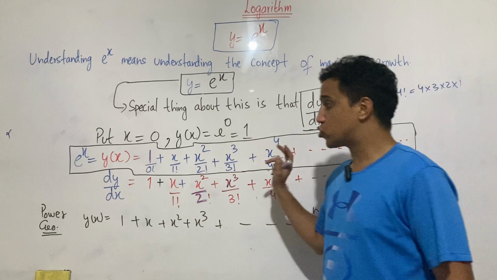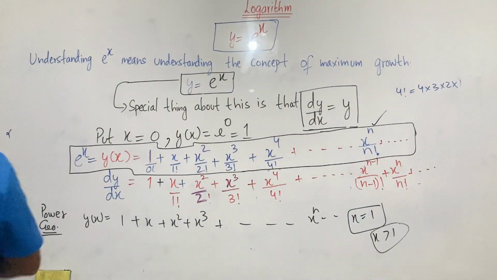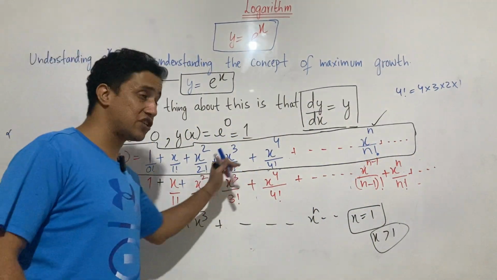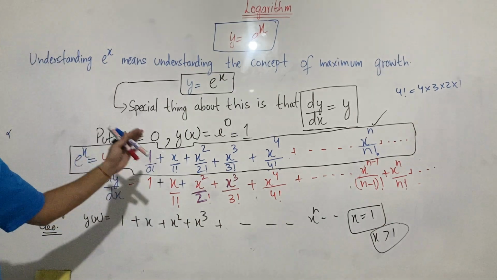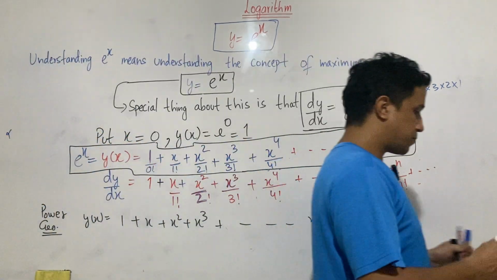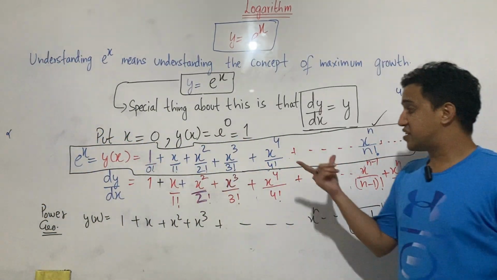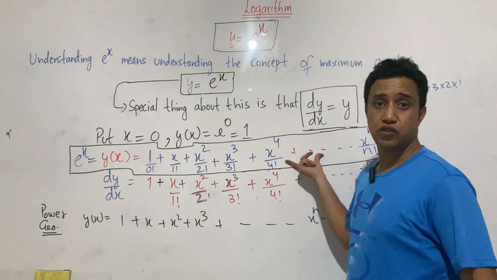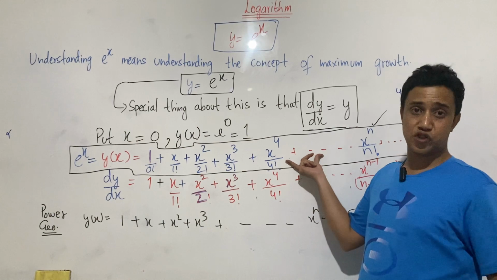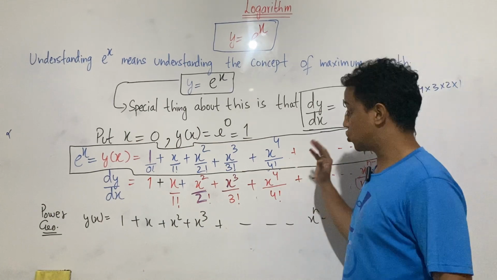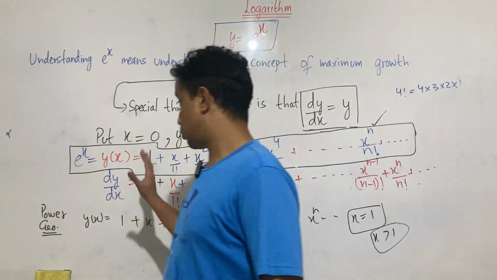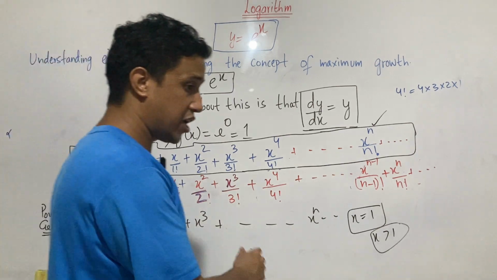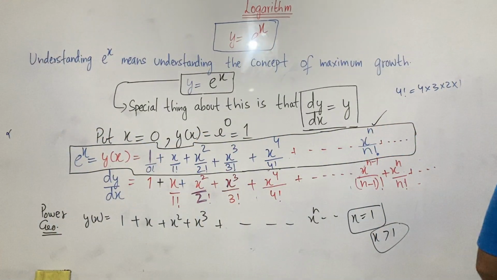So that's why it is one of the most important series. Why? Because this series has success with all the values of x, whether small or big. So this is going to be the savior.